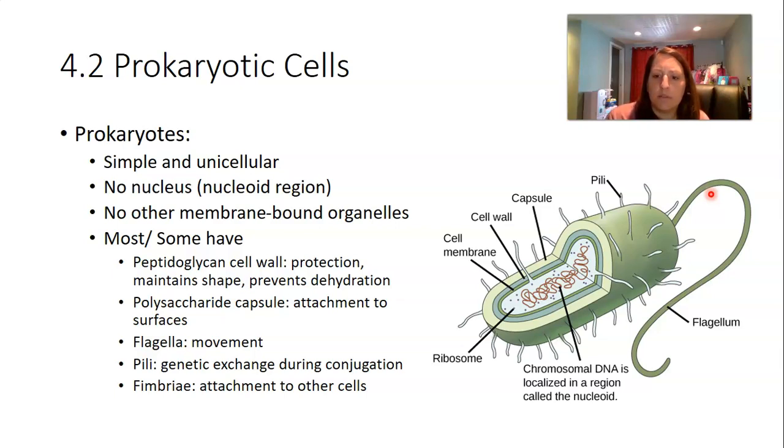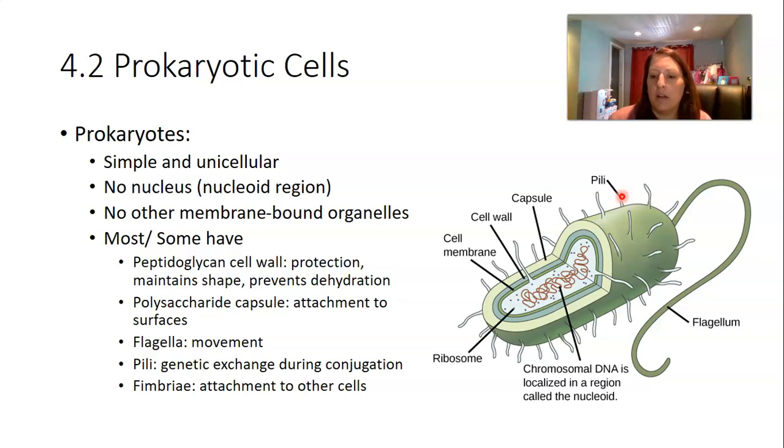What else? Some will have these little structures here. They look like cilia, but they're not. They're called pili. And these pili are going to be involved in the exchange of genetic material, usually these tiny round circular small pieces of DNA called plasmids. Sometimes those get exchanged. They get moved from one bacteria to another.